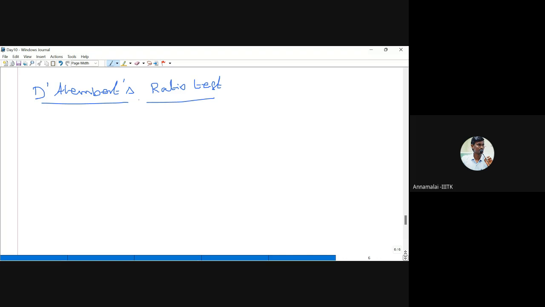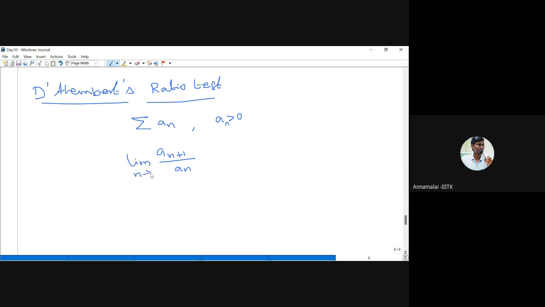What the test says: suppose we have a series summation an, where the an's are positive terms. If a term is 0, we don't bother about it, because 0 plus anything is the same number. Take the (n plus 1)th term divided by the nth term and find the limit.